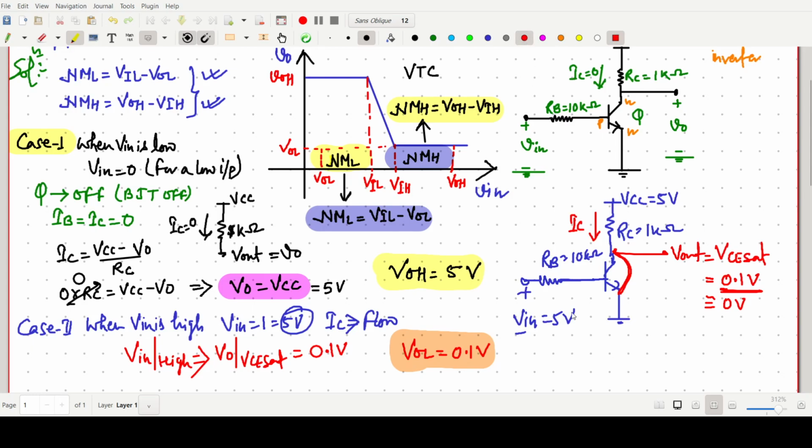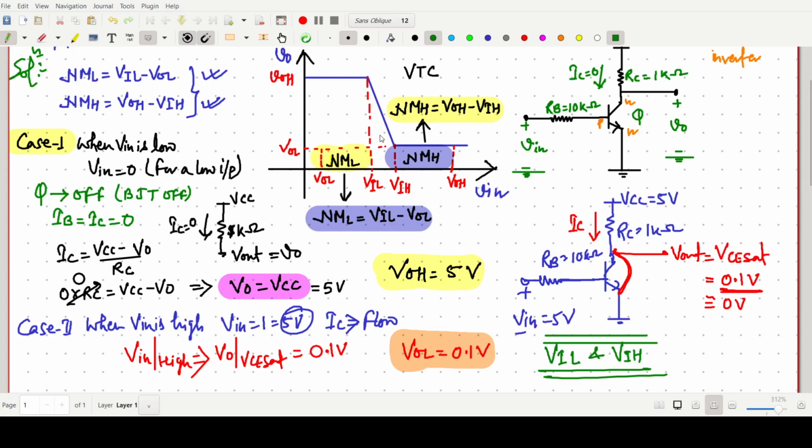Now the other two important parameters are VIL and VIH, the two other important parameters that we have to find.